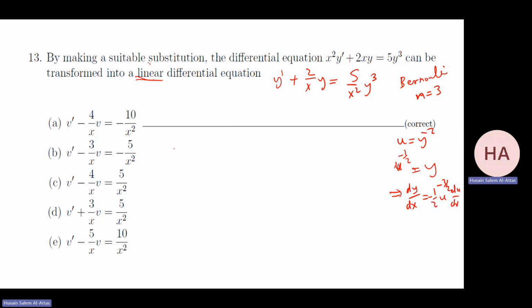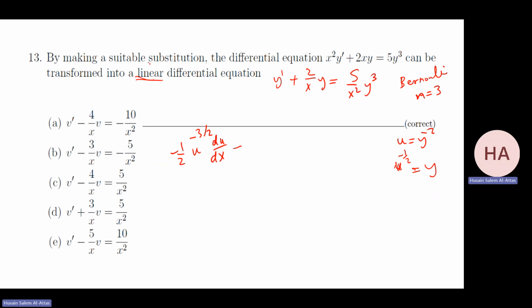Plug it in. I have minus half u to the power minus 3 over 2 du over dx minus, wait a minute. Be careful now with the calculation. n equals 3.